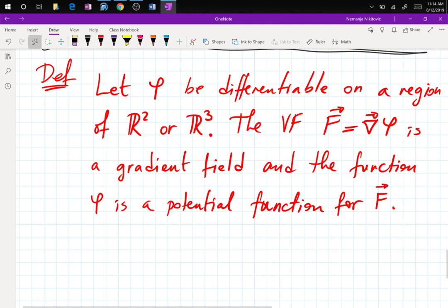So guys, anytime you found the gradient, remember you found the gradient for the directional derivative, you found the gradient for Lagrange, every single one of those gradients that you got was a vector field. Potential function generates the vector field. So if you have some kind of a function, you can generate a vector field using that function, which is why we have the technology we have today.